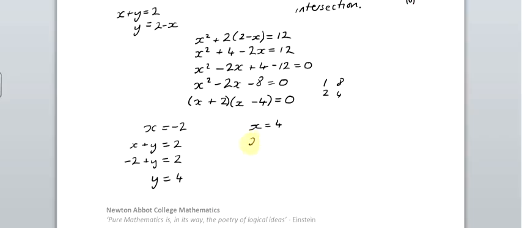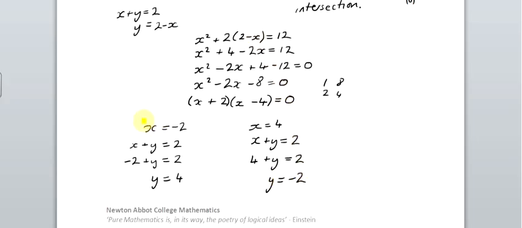And over here, x plus y equals 2. And this time it's 4 plus y equals 2, which means that y is, my apologies, you can see my brain's not firing on all 4 today, can't you? So y is negative 2.